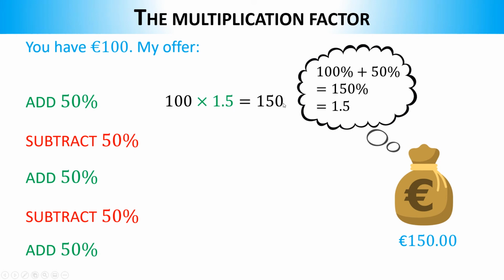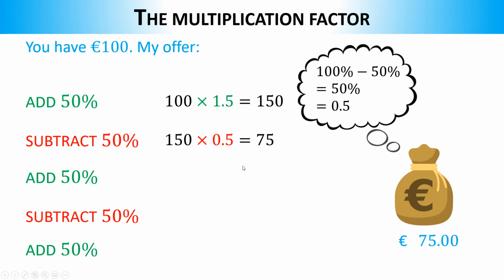Then when we subtract 50%, we again change the percentage decrease to a multiplication factor in our head. 100% minus 50% is 50%, as a decimal number is 0.5. So subtracting 50% is the same as multiplying by 0.5. So we write down 150, which is our new starting number, times 0.5 is 75.